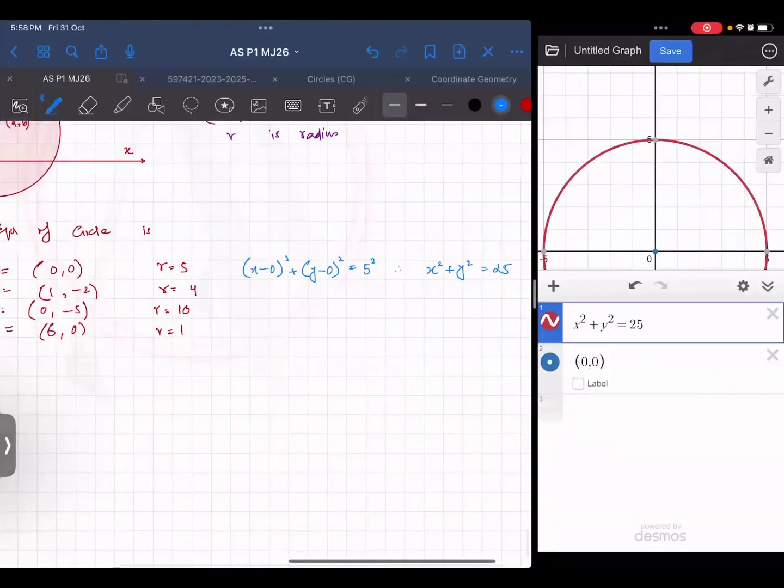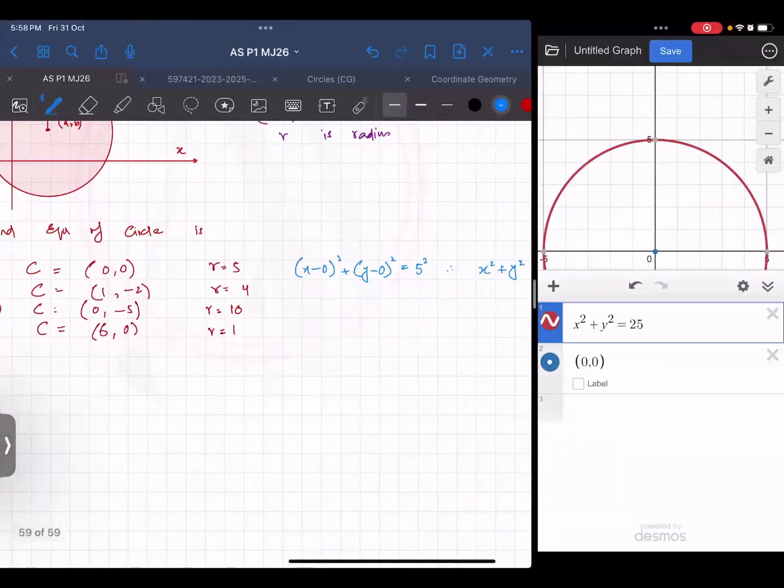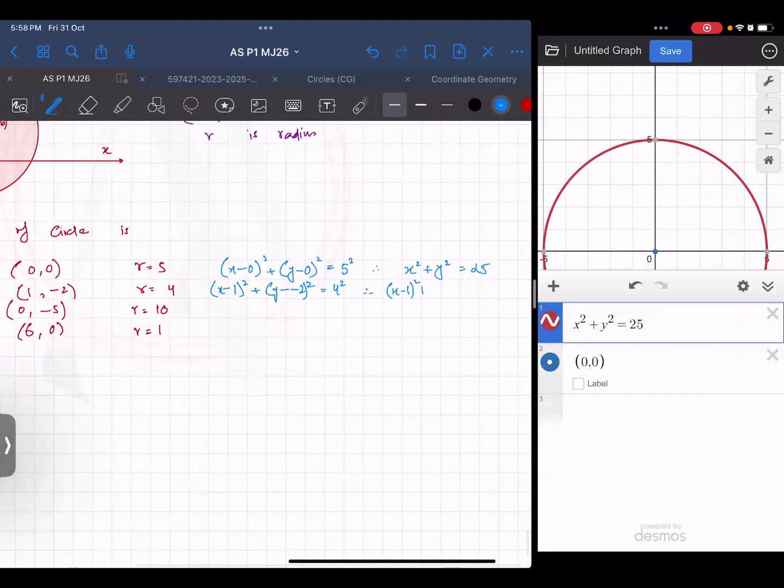Similarly, if you want to find the equation for this one, (x minus 1) plus (y minus minus 2) whole square is equal to 4 square. So the equation becomes (x minus 1) whole square plus (y plus 2) whole square is equal to 16.